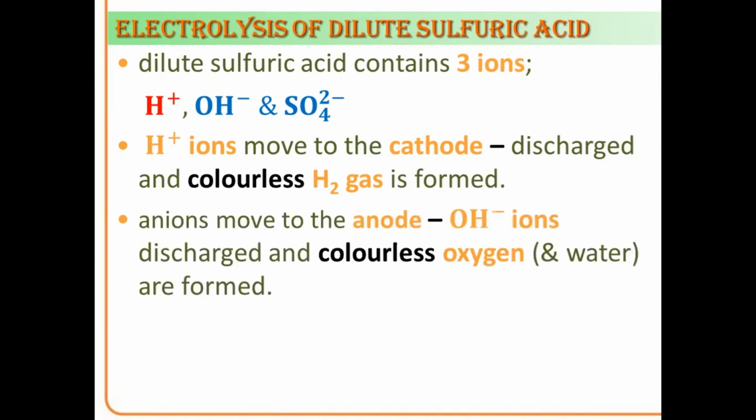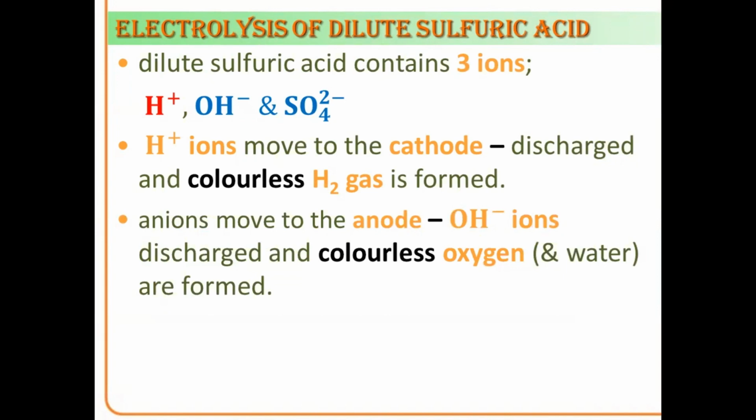When we go to the other side, the anode, your anions, both of them, will move towards the anode. When they get there, there's going to be competition between the hydroxide ion and the sulfate ion. Now, you remember that I've just said the sulfate ions are rarely discharged from aqueous solution.